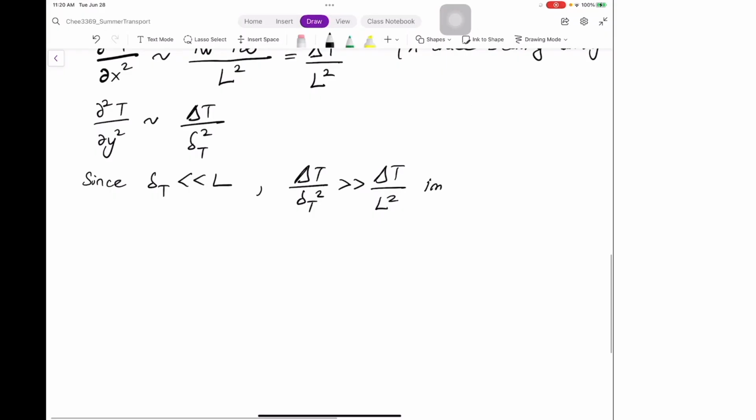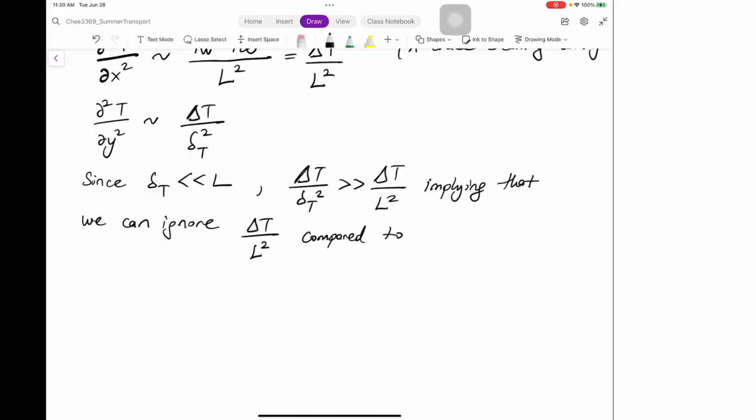This implies that we can ignore delta T over L squared compared to delta T over delta_T squared.